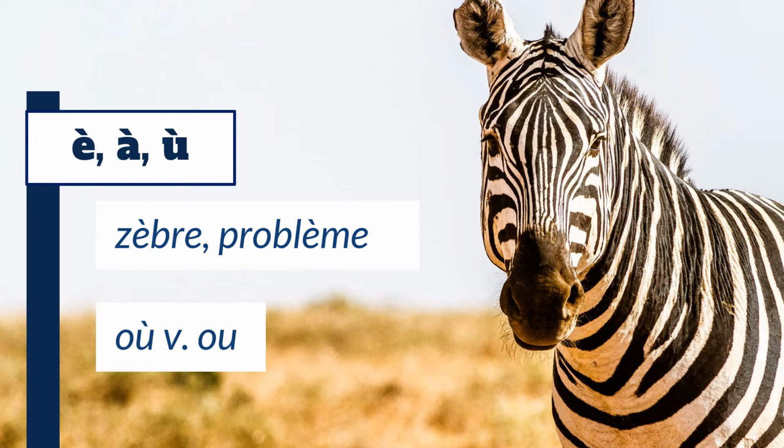It does not affect the pronunciation of the other 2 letters, however, it may distinguish 2 words that sound exactly alike, like in the words où, the question word where, and ou, the word or.